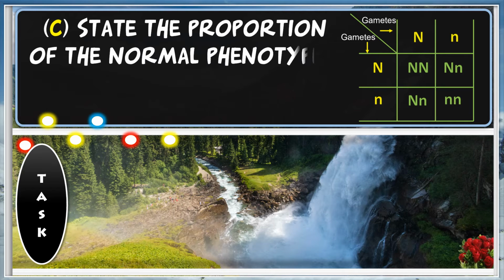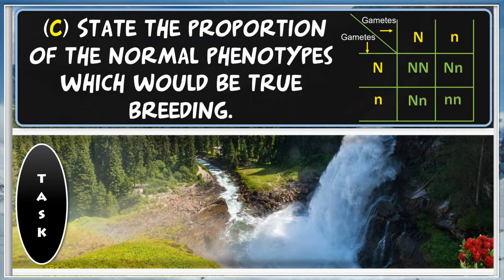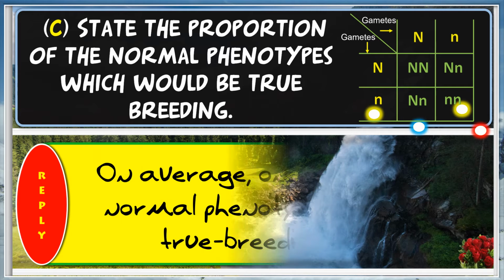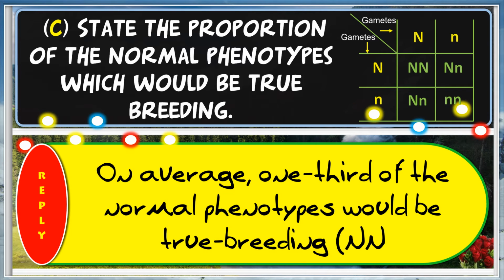Part C. State the proportion of the normal phenotypes which would be true breeding. On average, 1/3 of the normal phenotypes would be true breeding, that is capital N, capital N.